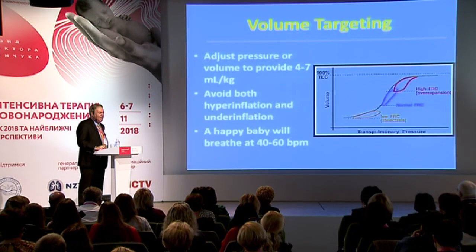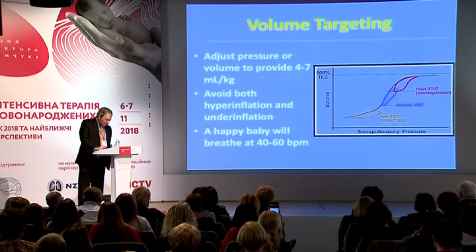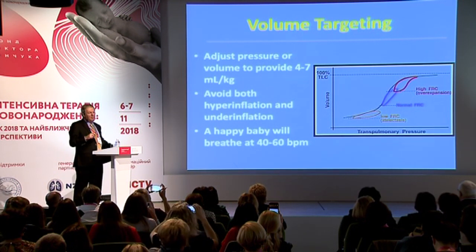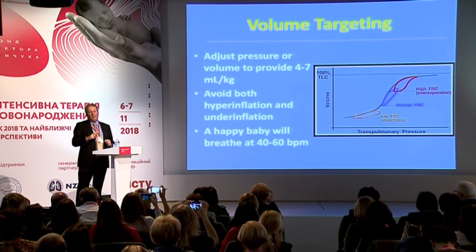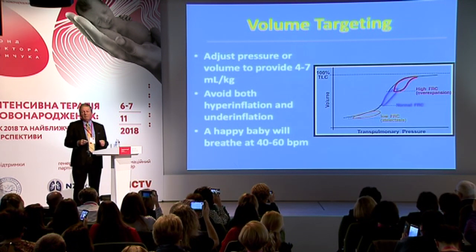Now, I'm often asked, you talk about volume targeting, but we don't have a volume-targeted ventilator. How do I know if I'm setting the right pressure to deliver an appropriate volume of gas to this baby?